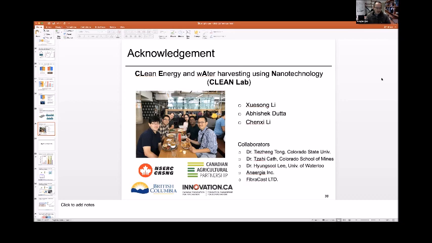So we deliberately chose dodecane because dodecane has very low vapor pressure, so it really doesn't evaporate. We even tested how much dodecane can be evaporated under vacuum.